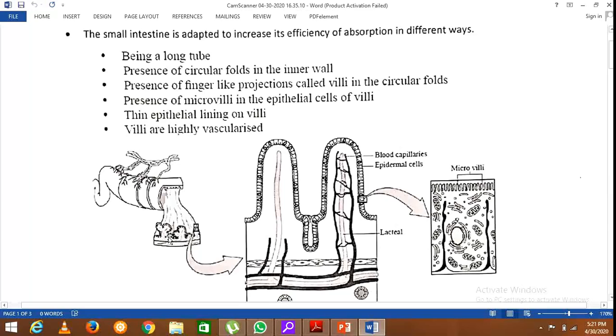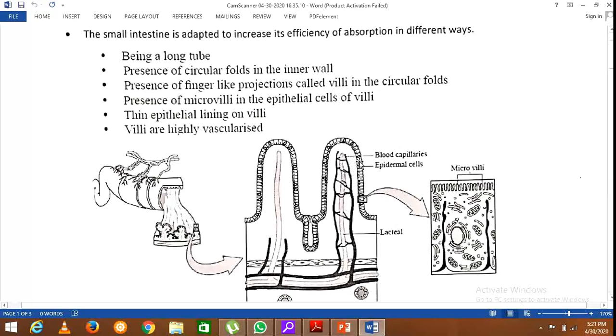By being a long tube, and that long tube consists of folds on its inner wall. The inner wall is not a smooth structure. There are folds on the inner wall, and if we have a close look at those inner wall with folds, there are finger-like projections which we call as villi. Singular is villus.